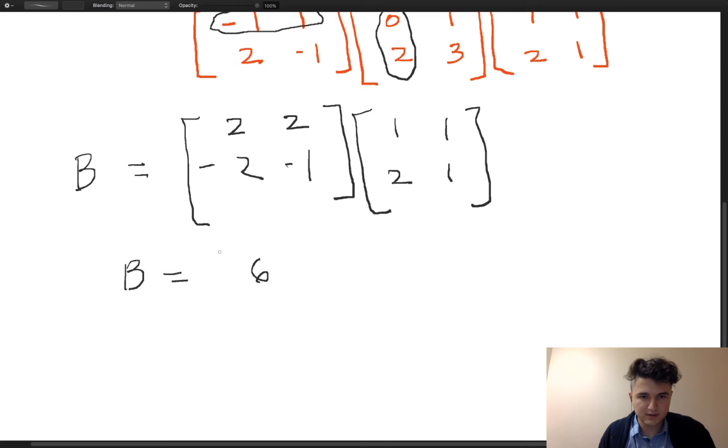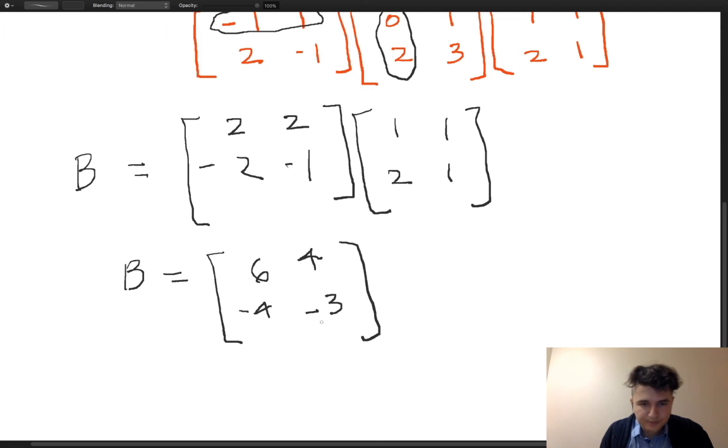So B is going to be equal to this new matrix. Where was I? 6, then 4, then negative 2 minus 2, so this is going to be negative 4 over here. And then this is going to be negative 2 minus 1, that's just going to be negative 3.